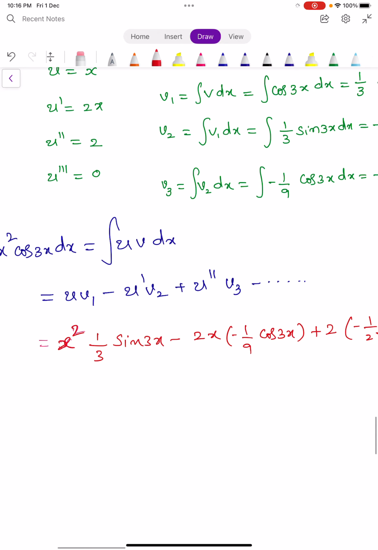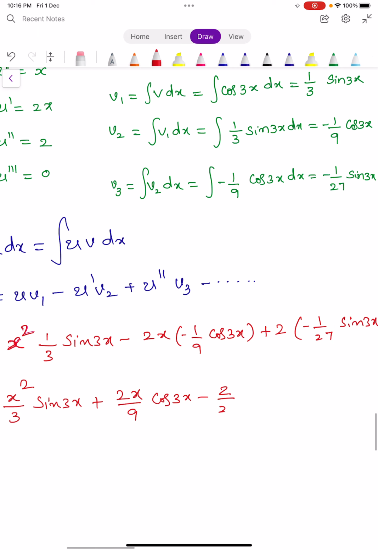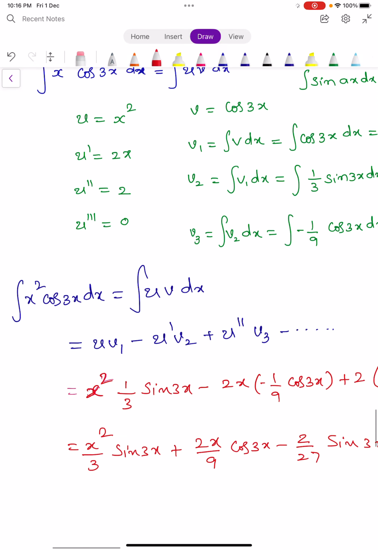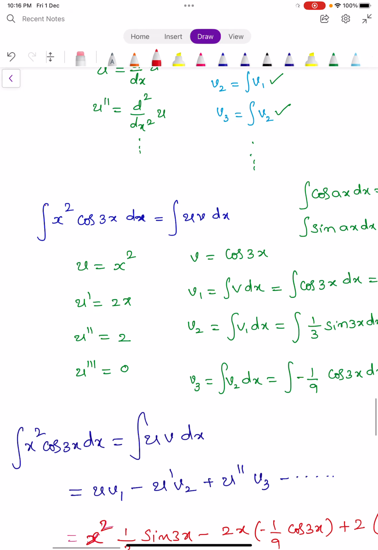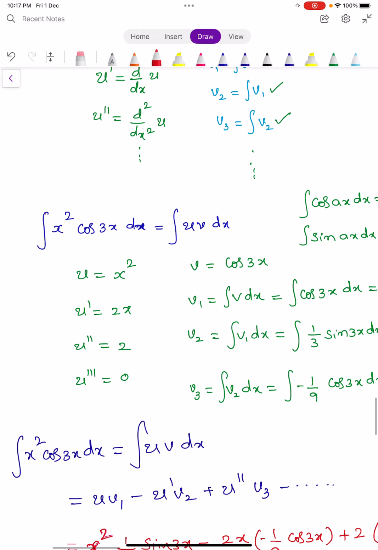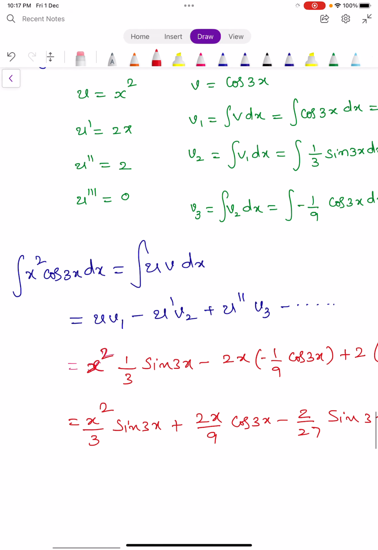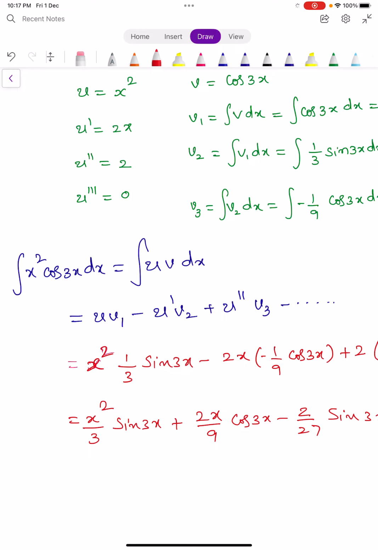After simplifying this, you get simply x square by 3 sine 3x, minus into minus plus 2x by 9 cos 3x minus 2 by 27 sine 3x. This is how the Bernoulli's principle works. So learn this integration, then Fourier series is very simple and easy.